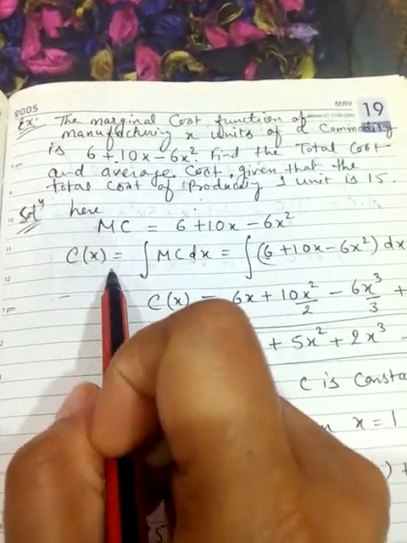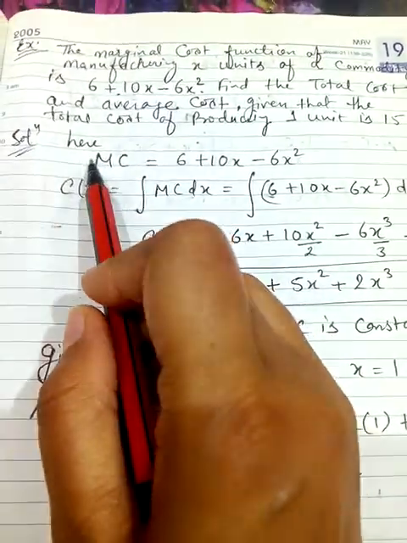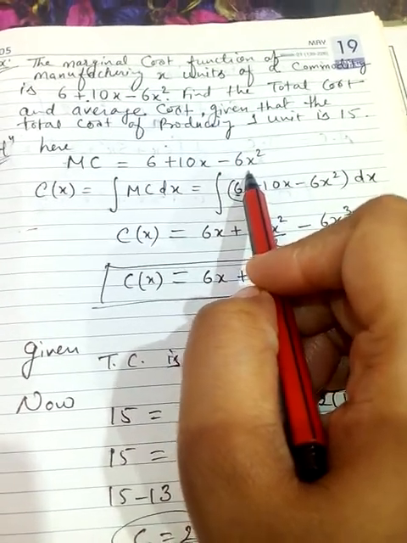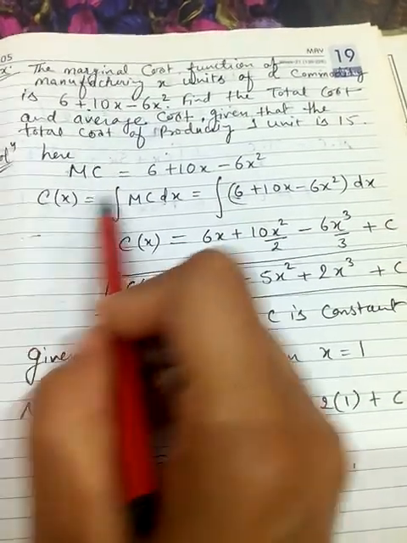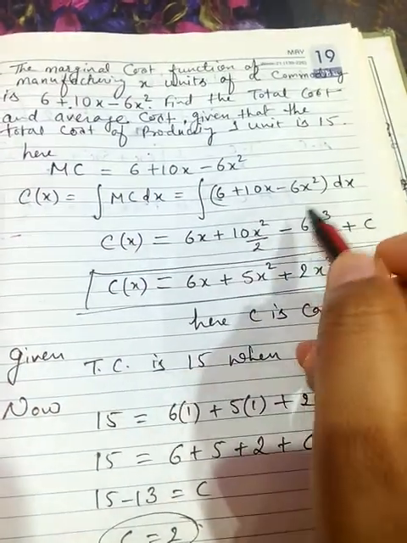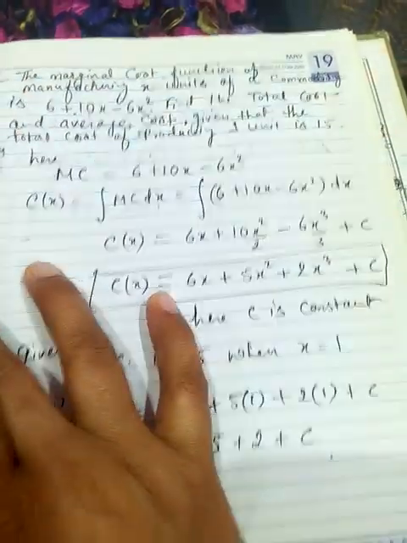So let's see how we will simplify this illustration. Here the given thing is the marginal cost, which is 6 plus 10x minus 6x square. To calculate the cost function, we have to take the integration of this marginal cost function with respect to x. So I am going to take the integration of 6 plus 10x minus 6x square with respect to x.